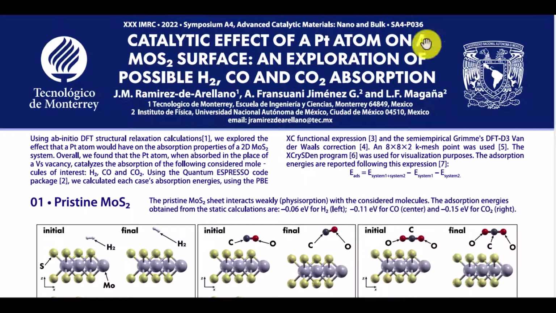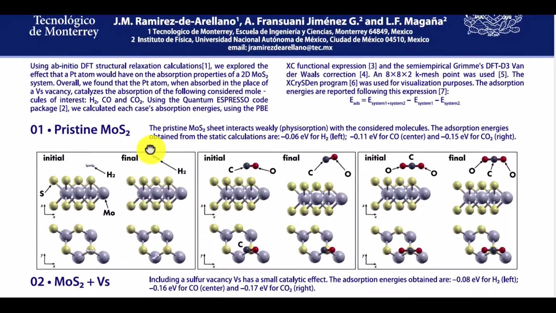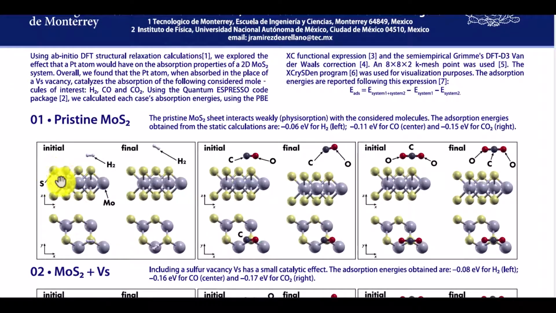This is the general title of the work. As you can see, we are focusing on the surface of a bidimensional material called molybdenum disulfide, and we used ab-initio density functional theory calculations.